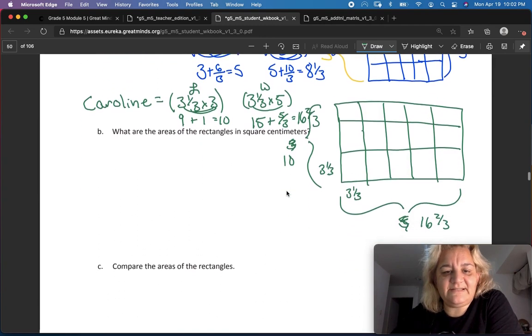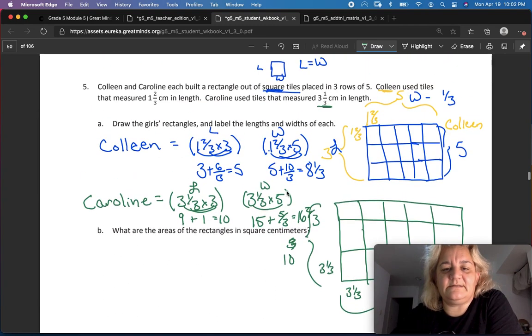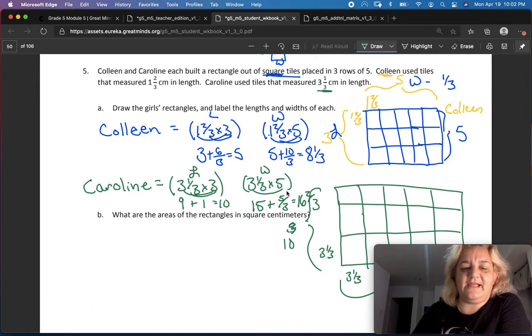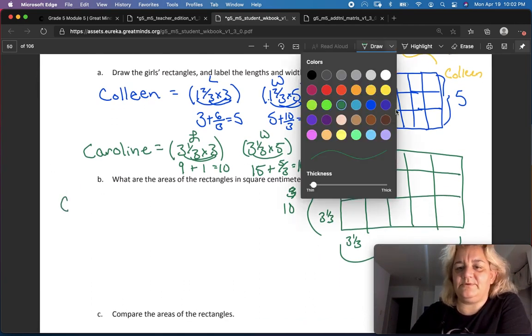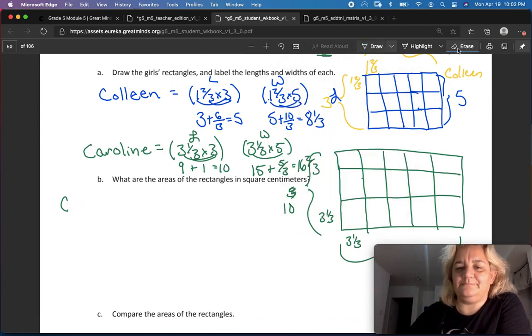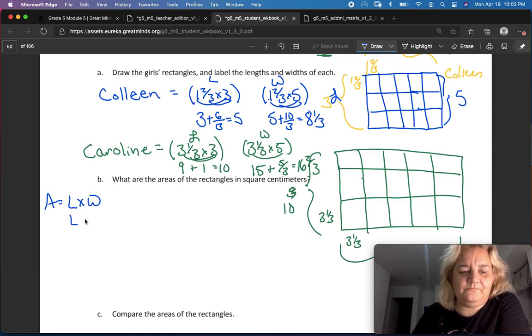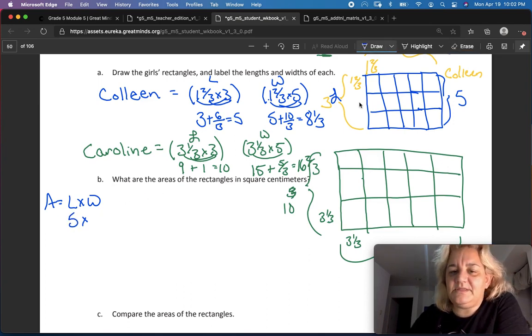Now, what are the areas of the rectangles in square centimeters? So first we have to find the area of Colleen's. I'm going to go back to blue because we're using blue for Colleen. And we said 5 was the length, so length times width. 5 was the length, and the width is 8 1/3.